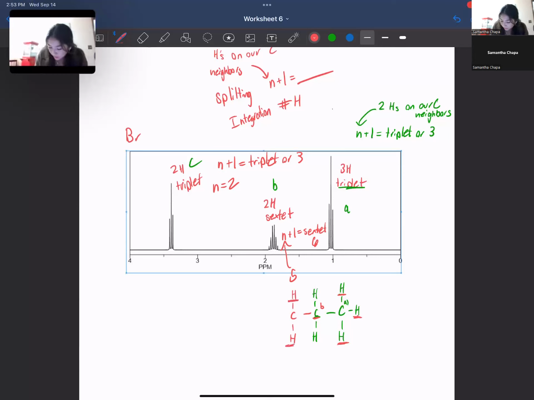The last splitting pattern that we have here is a triplet, so with 2 hydrogen neighbors, and I'm going to label this one as carbon C. We can confirm that this is carbon C because it says it's a triplet, 2 hydrogen neighbors. Count the hydrogen neighbors, there you go. So 1, 2, we're good with that. And we cut it off here, because we know we can't have more hydrogen neighbors.